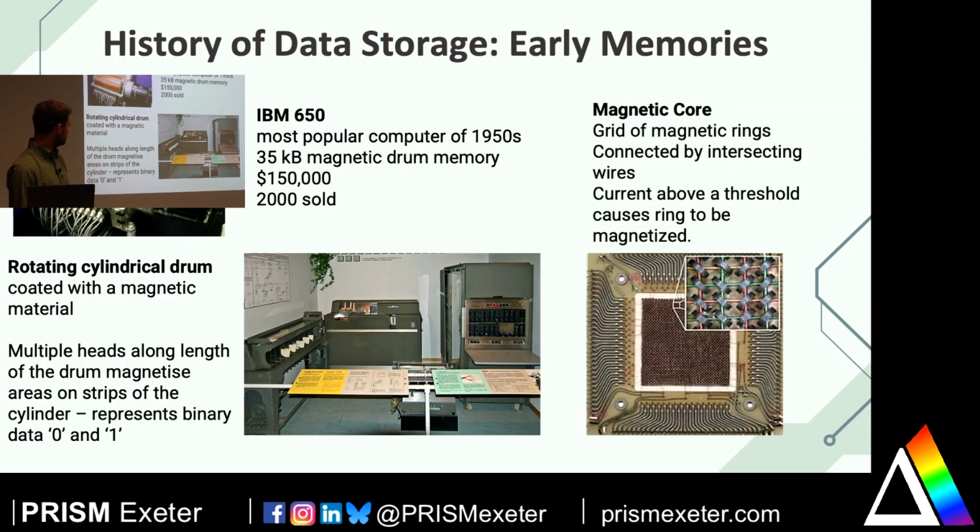So this kind of drum memory was later replaced by a different type of memory called magnetic core memory. This works slightly differently, and it can achieve a greater storage density. It works by having a cross-section of wires, and at each cross-section you have a ring of magnetic material.